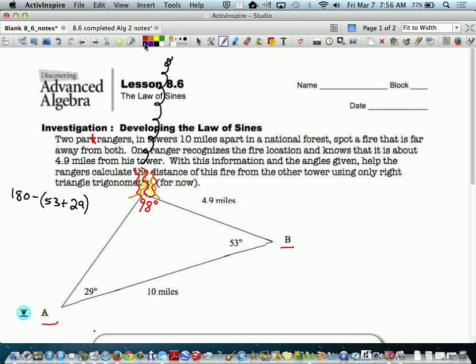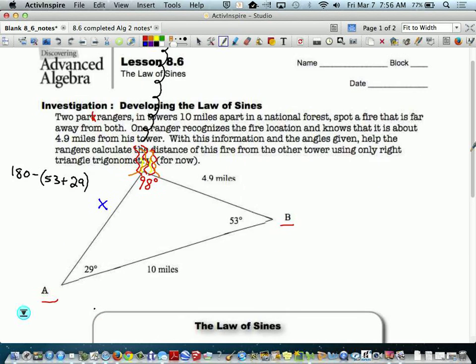So we need to be able to find this distance x, but you can't use right triangle trig. We don't have a right angle in this problem. So what we need is what's called the law of sines.